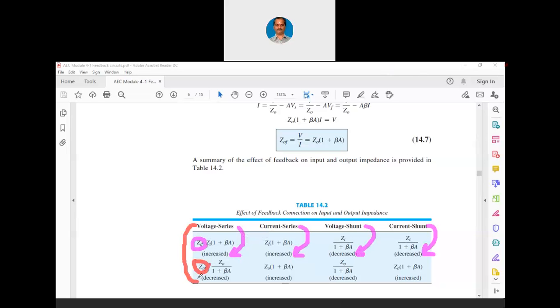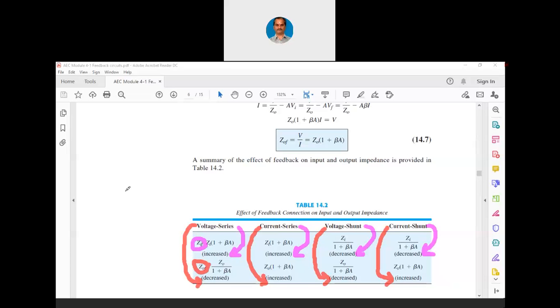Voltage feedback is going to reduce. Current feedback is going to increase the output impedance. Voltage feedback is going to reduce the output impedance. Current feedback is going to increase the output impedance. So, my dear students, remember, series feedback is going to increase the input impedance.